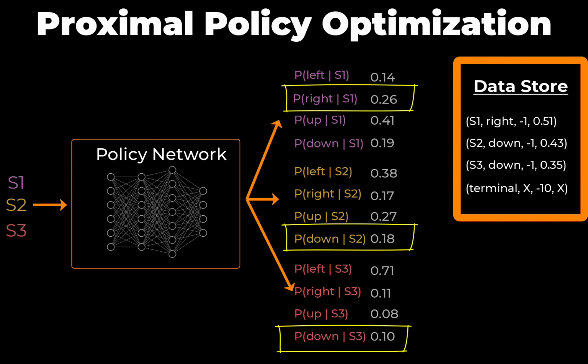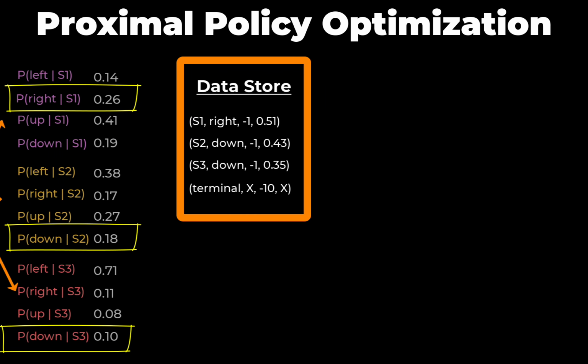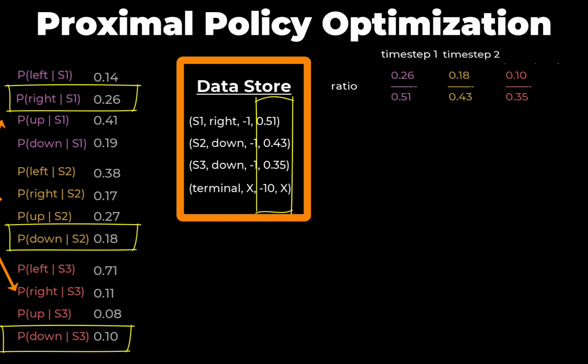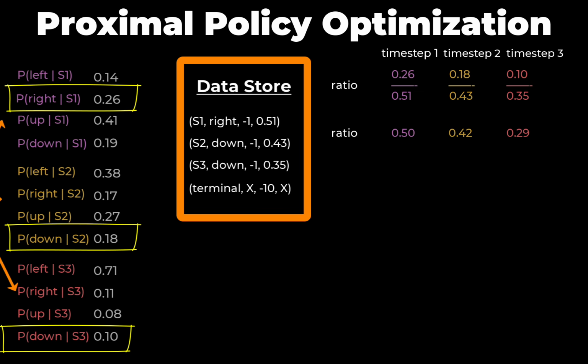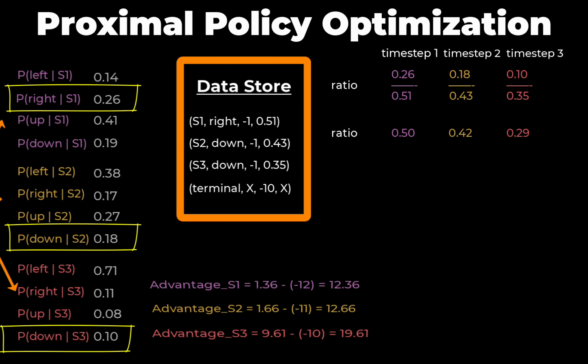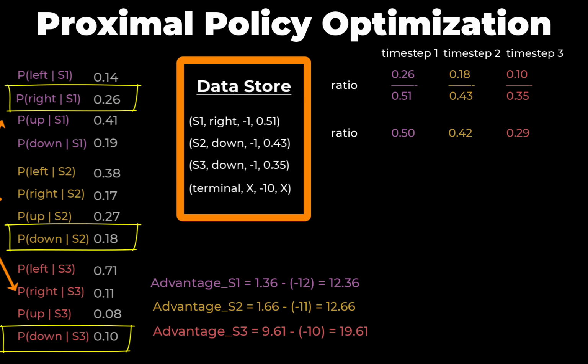We then divide two numbers, that is a probability for the specific action that we have now, divided by the probability we collected previously. And this is a probability ratio. We'll multiply this ratio with the advantage computed in this time step. And so for every time step in the episode, we have a number.